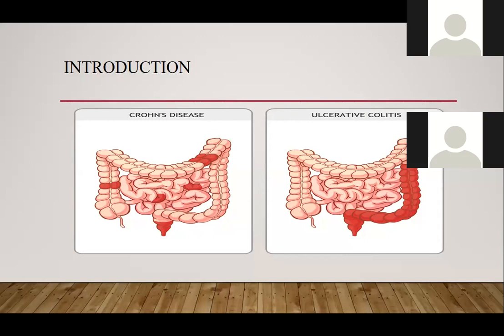Whereas in ulcerative colitis, you can see that a whole stretch of the colon is basically inflamed. Okay, so as we go on, we'll come back to this picture again, and we would get to know why and basically the difference between the two.